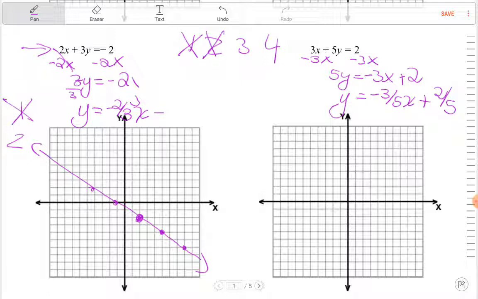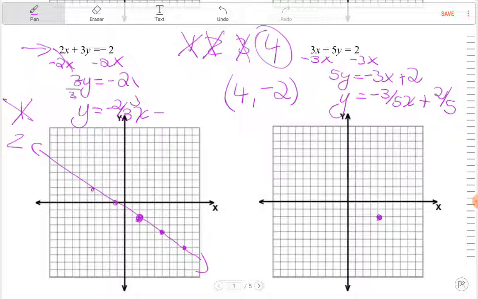Let's plug in 3, then we have -9/5 plus 2/5 is -7/5, doesn't work either. 4, -3/5 times 4 is -12/5, plus 2/5 is -10/5. 4 will work. If I plug in 4, I'm going to get -2 for my y. Here's a whole number point at 4, -2.